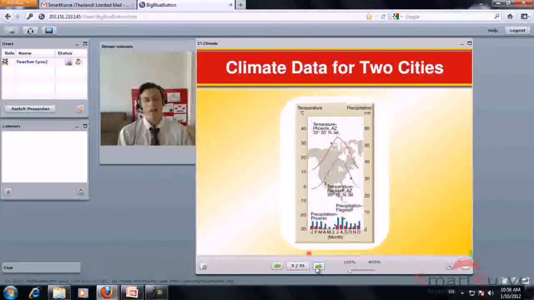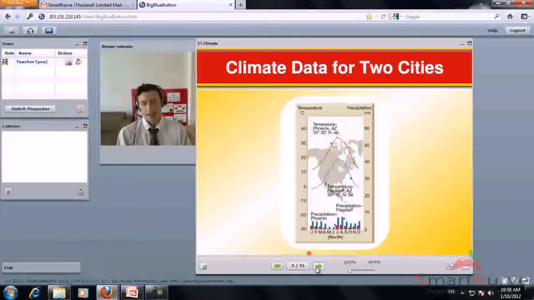At the bottom of the image, we can see the precipitation. Now, precipitation means rain or snow. Notice for both cities, in Phoenix and Flagstaff, the months of May and July are the driest. That is, they have the least precipitation, the least rain.